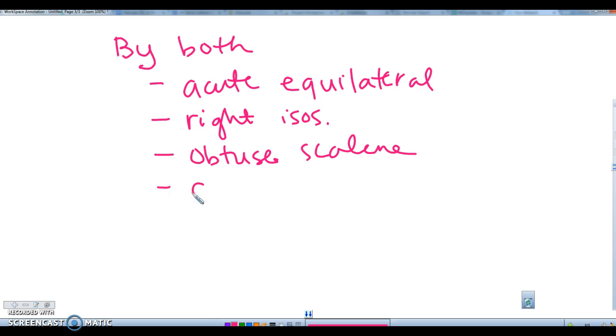We could have an acute isosceles. And so on. Okay, there's lots of different ways to do that. And all of these classifications help us to build what we call the triangle inequality theorem.